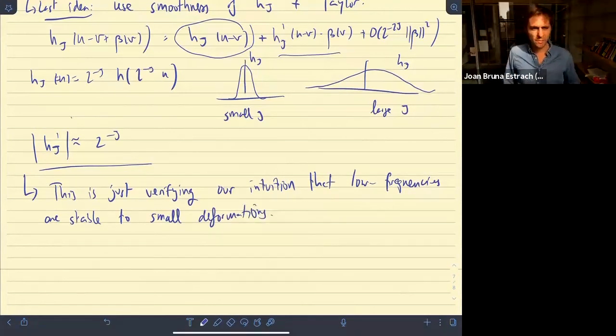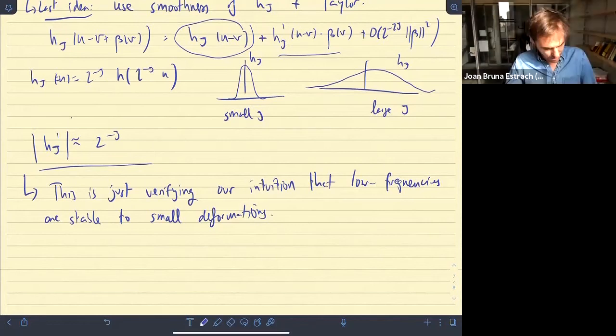Okay, but of course, low frequencies are like a low pass filter, right?